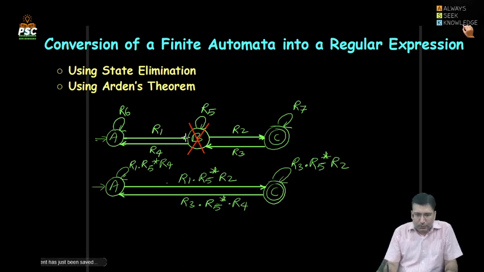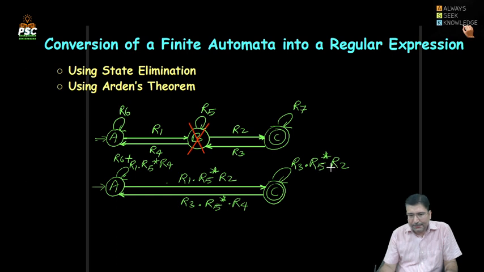So if it was the loop, after elimination of B, this loop should exist, and whatever the new loop by removing B should be there, that will also be there. So that means along with this regular expression, there should be R6 or this particular loop R1 R5 R4. Similarly here, because R7 needs to be there, so there will be R7 or this loop will also be there by removing B. Easy, right? Okay, so that is there.